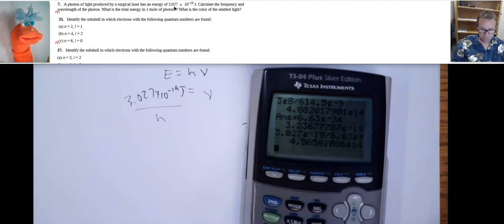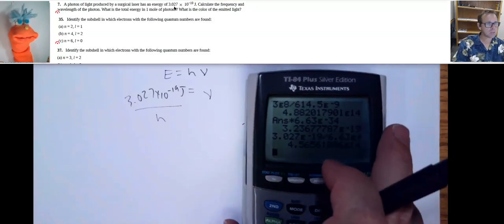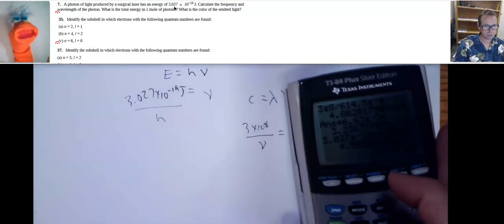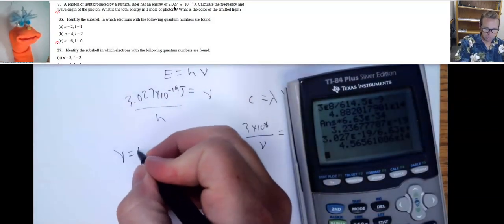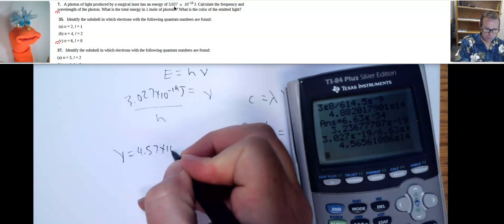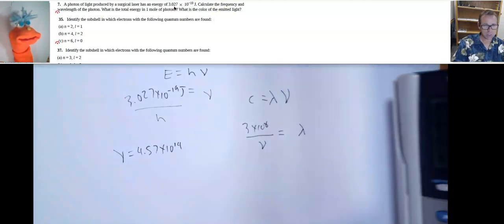All right, so we got a frequency of 4.57 times 10 to the 14th. Is that one of the questions? Yeah, they ask us what the frequency is. So the frequency equals 4.57 times 10 to the 14th, and that's per second.